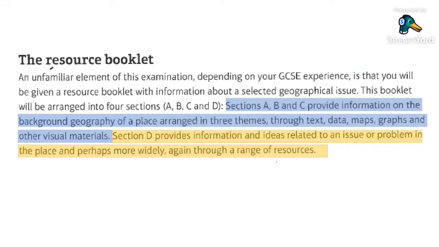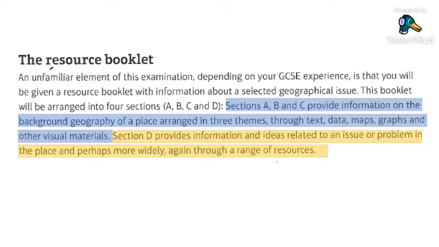Now, the 18 marker, again, you can go back and look at some of the papers, but the big difference is that the 18 marker directs you to a particular section. So for instance, it might say using section C, evaluate the view that, or evaluate whatever it may be. Whereas the 24 marker is broad. It will probably say, using all sections of the booklet.